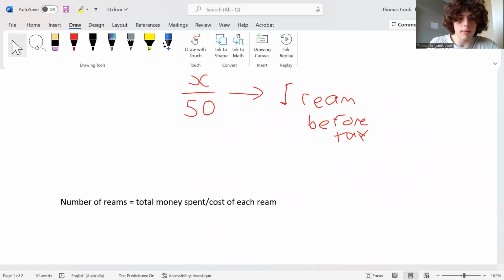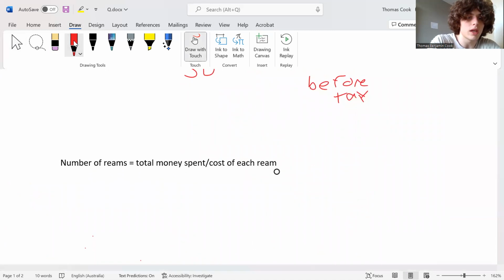So you're splitting the total money into the cost of each little ream, and that gives you the number of reams that you bought. They're asking us to find the number of reams, they said that was n. So n equals x divided by x on 50.